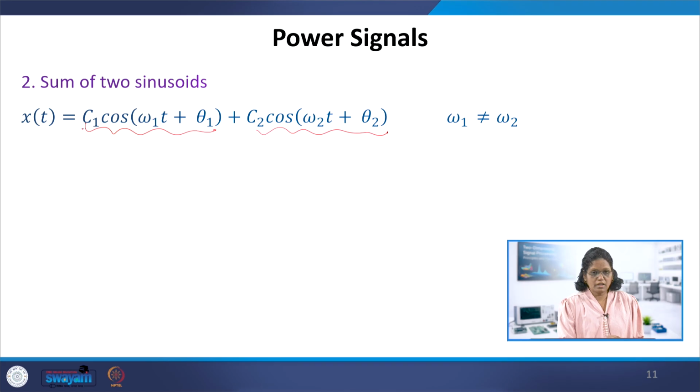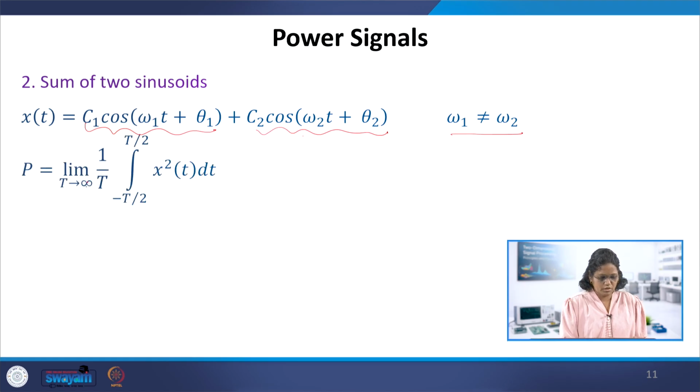This is continuous in time and continuous in amplitude, as we are doing this to understand energy and power. Omega 1 and omega 2 are not equal, so these are two different frequencies, phases and amplitudes. In that case, similarly, we will find the power.